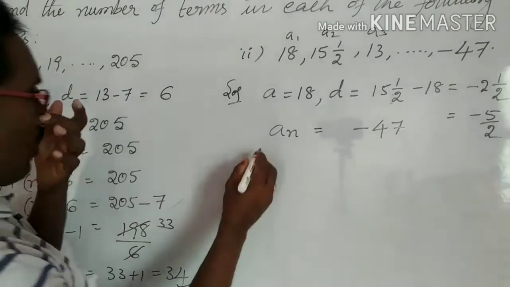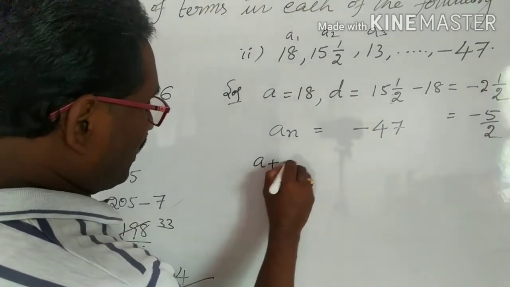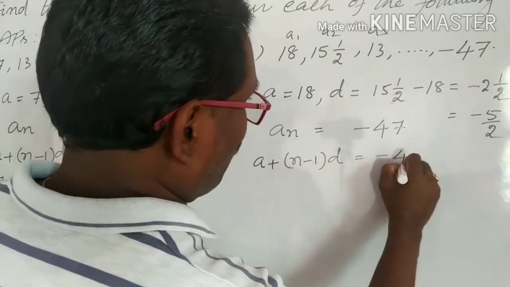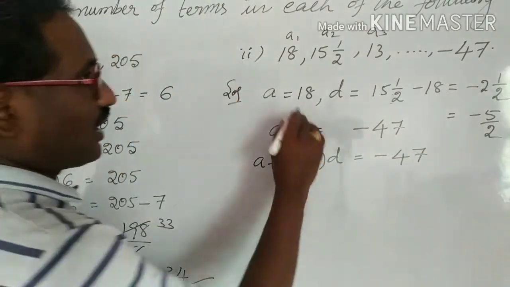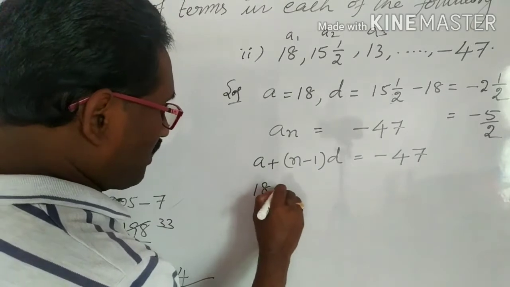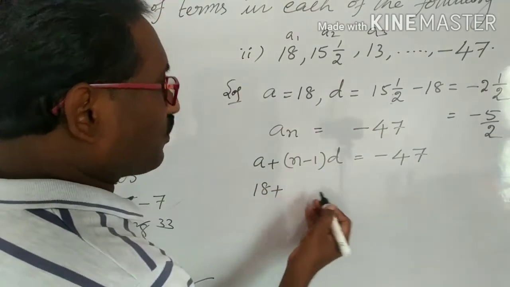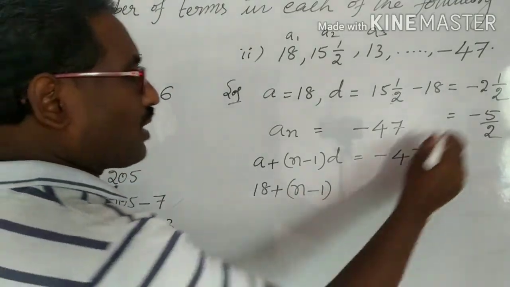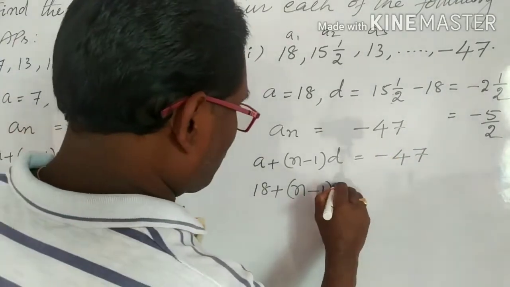Okay. Now, what is the nth term formula? A plus n minus 1 into D is equal to minus 47. A is 18, plus n, which we don't know, into minus 1 into D, which is minus 5 by 2.